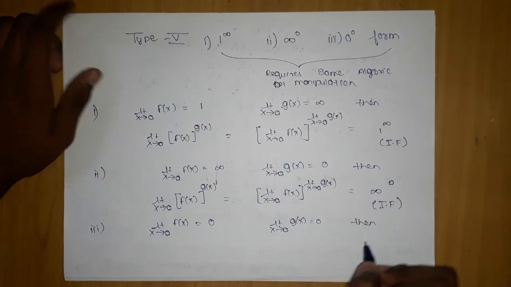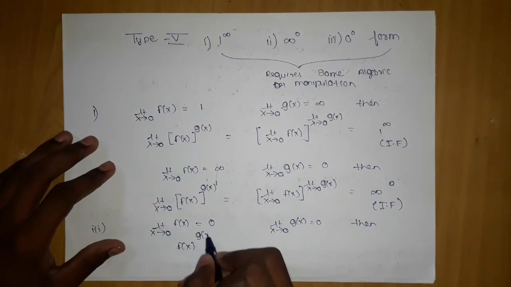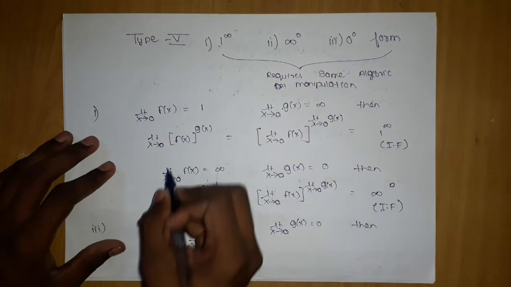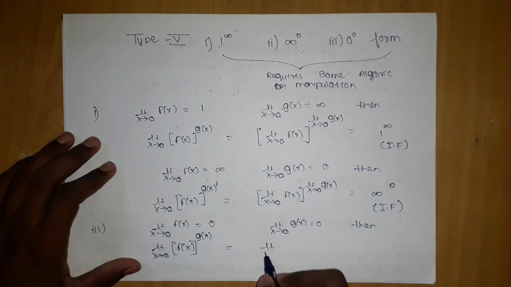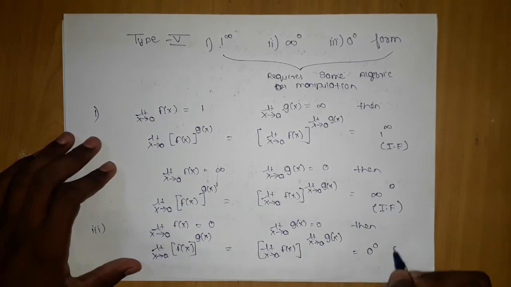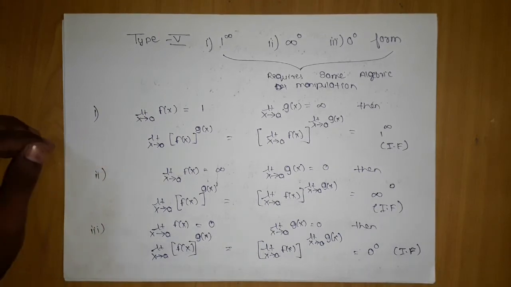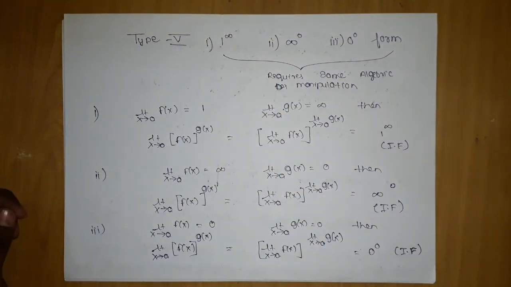Then we create the same situation, but here the moment I distribute the limits, I get 0 by 0 form, which is the third type of indeterminate form, which belongs to type 5 problems. Now we are done with the derivation, how this type derives.